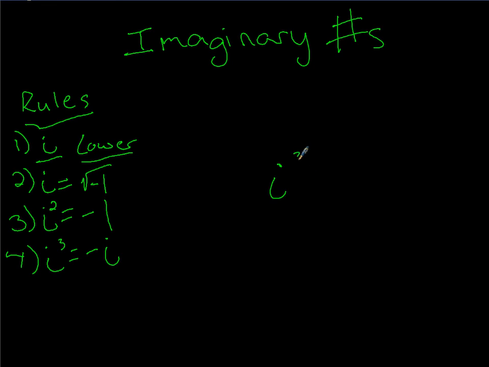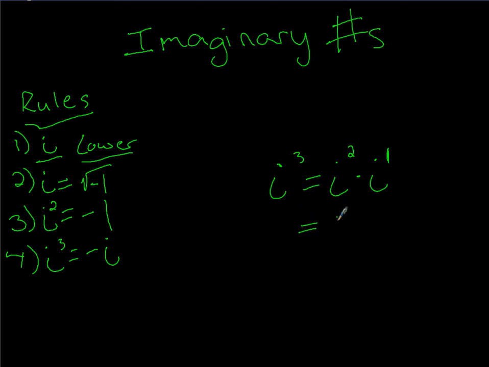Well, we can break down an exponent, right? Because we know that anytime we're multiplying exponents together, you add the exponents to get what number you originally raised to whatever power you were raising it to. I know that's basically just a roundabout way of trying to tell you that i cubed can be written as i squared times i to the first. And would you look at that?